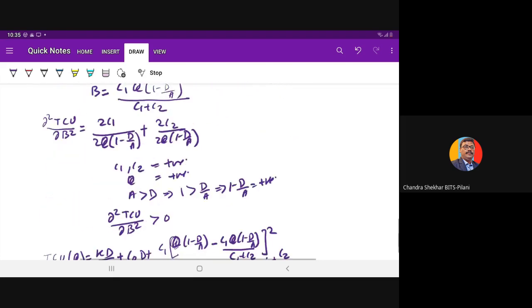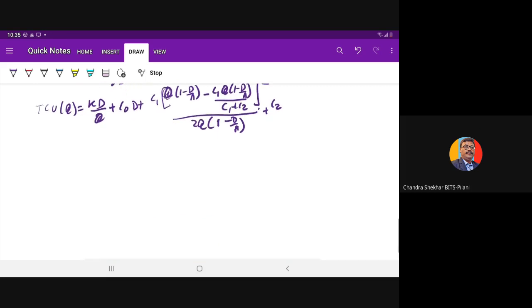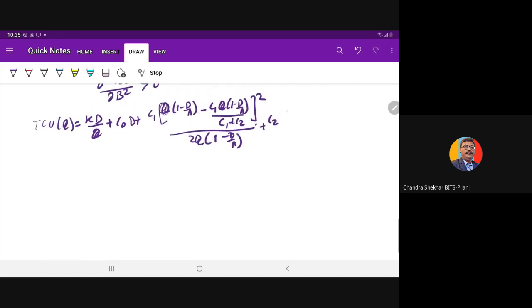So when we put the value of B, it will become C2 and here we have C1 Q(1 minus D upon A) upon C1 plus C2, that is the B, square upon 2Q(1 minus D upon A).